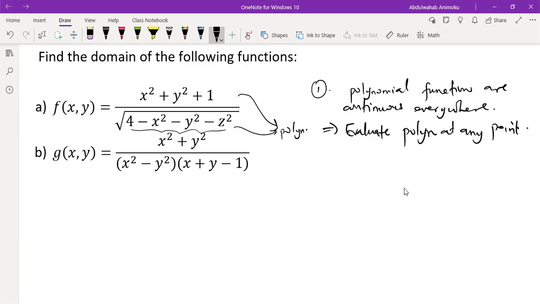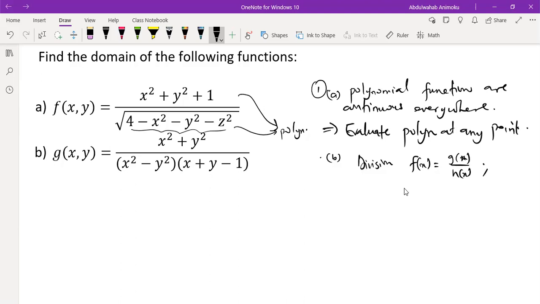Okay, so now let's see how do we solve this problem. The next thing that you have to notice: we said polynomials are continuous everywhere. Now the second thing that you have to note is when I have division. So two functions. Let's say f of x is g of x over h of x, right?